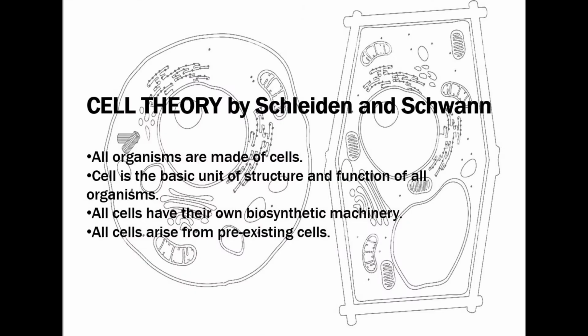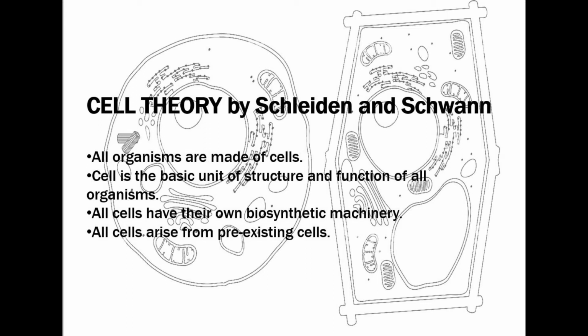Though there were several other theories of the cell and several other researches on the cell, the cell theory by Schleiden and Schwann, these two German biologists, has been popularized, and we take the tenets of that theory as the essentials of cell theory.